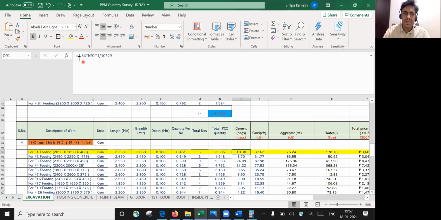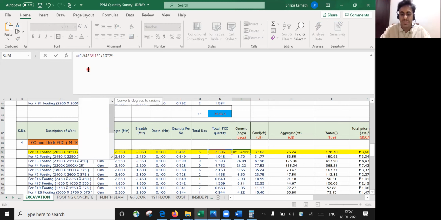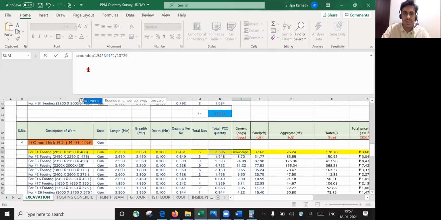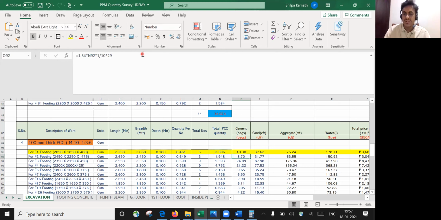That is why we apply the formula is equal to ROUNDUP. You'll round up to the next higher value. ROUNDUP, open the bracket, and then put a comma here and say 1. That means it will take the next higher value, and close the bracket and hit the enter button.